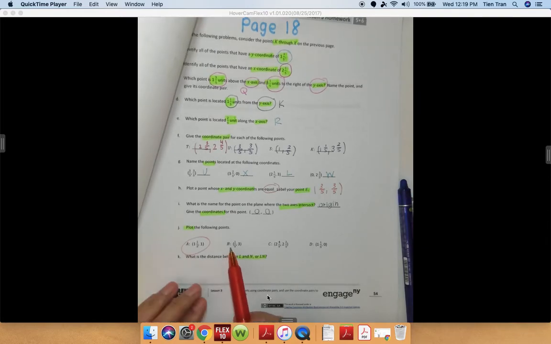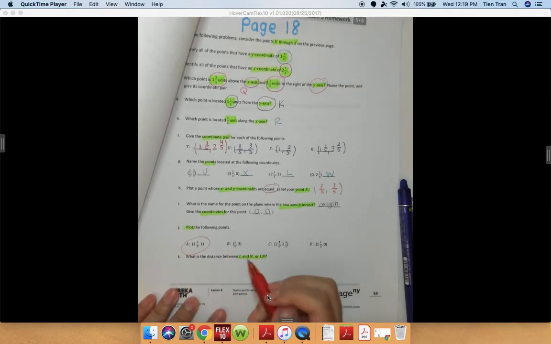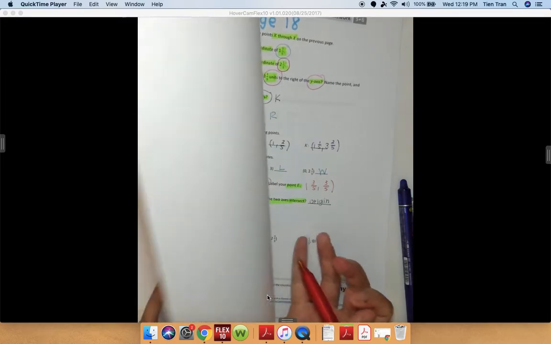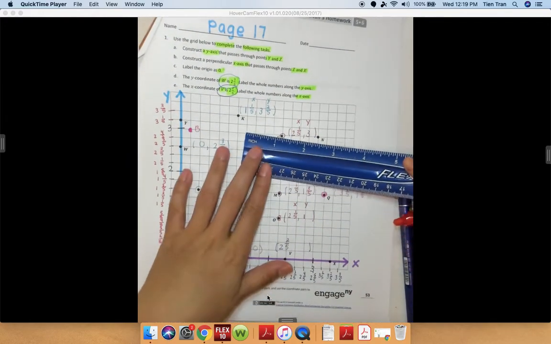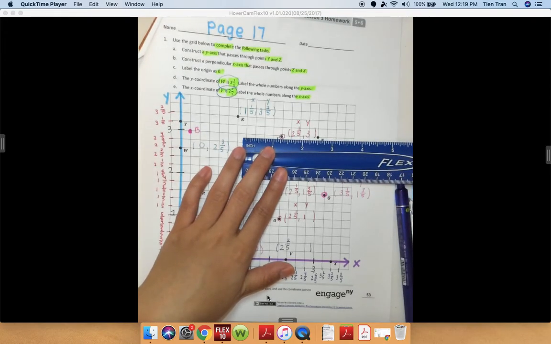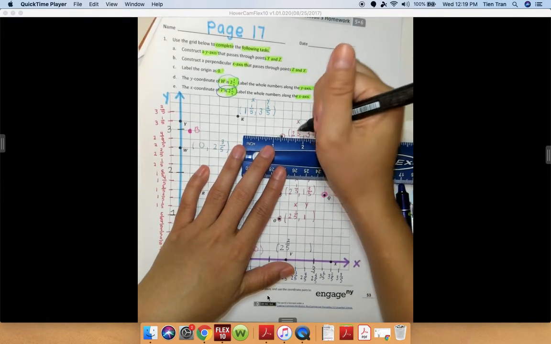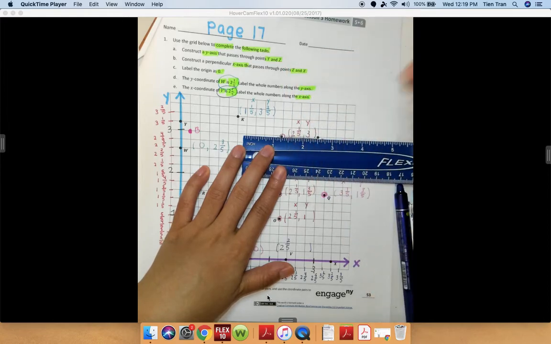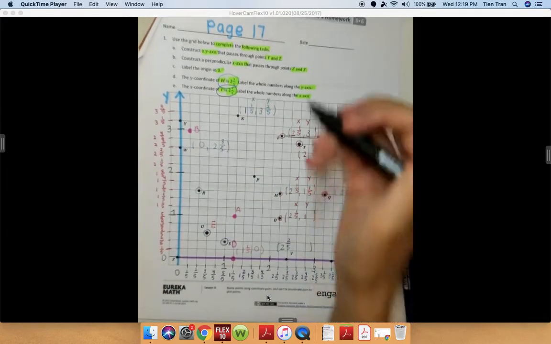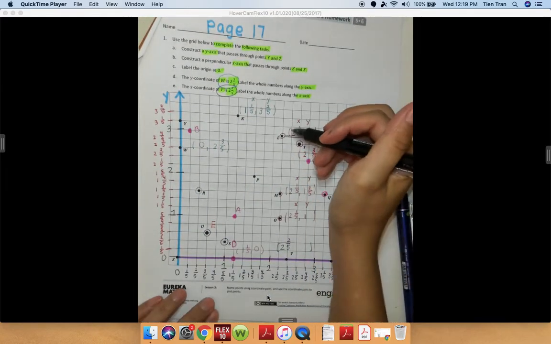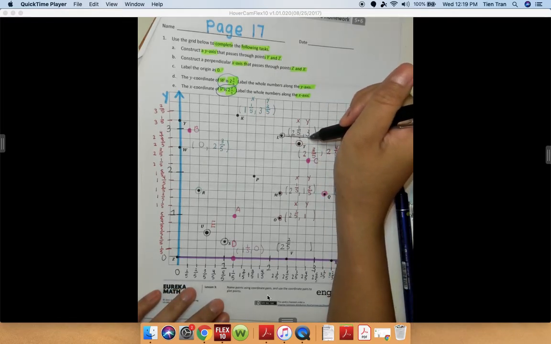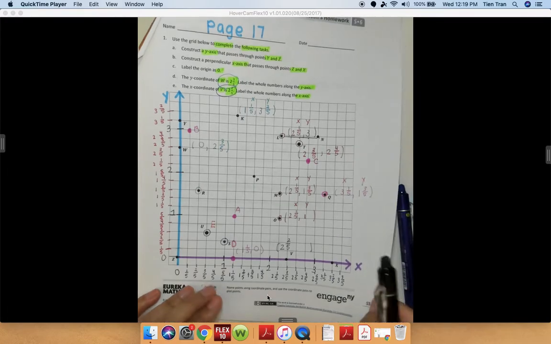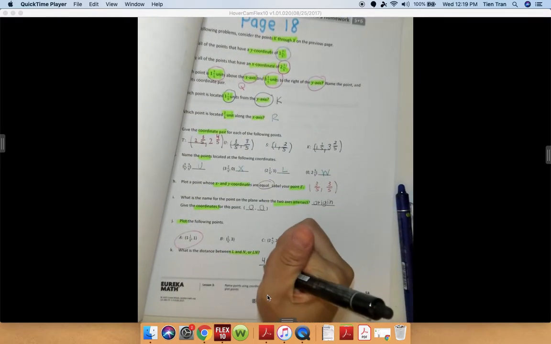So I did all of these already. What is the distance between L and N or LN? So I'm going to look at L and N. Let's see, this is L and this is N right here. I'm going to mark it in black so that you can see it clearly. Okay, that's the distance. And we're counting by fifths, so I'm going to count by fifths. 1/5, 2/5, 3/5, 4/5. So it's going to be 4/5 as my answer.